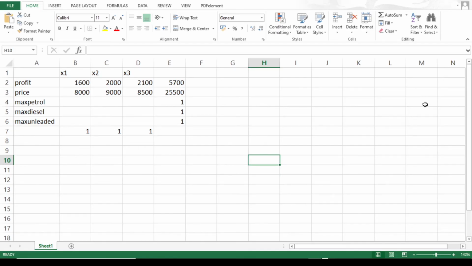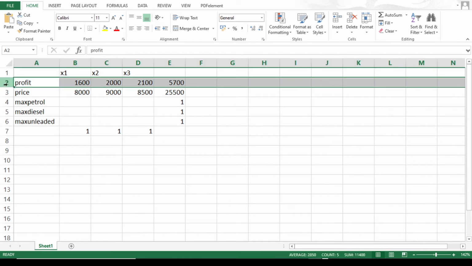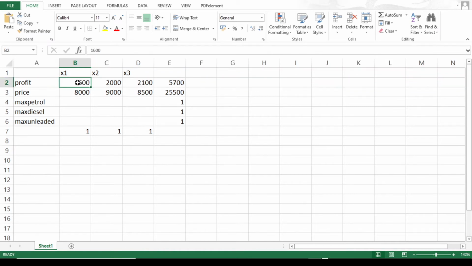Okay, what I have here is my Excel sheet. I have three decision variables, x1, x2, and x3. I set the initial values for these three decision variables all equal to 1. And then in line 2, I specify my objective function. So that's the profit, 1,600 rands for each ton of petrol, 2,000 for each ton of diesel, and 2,100 for unleaded petrol.